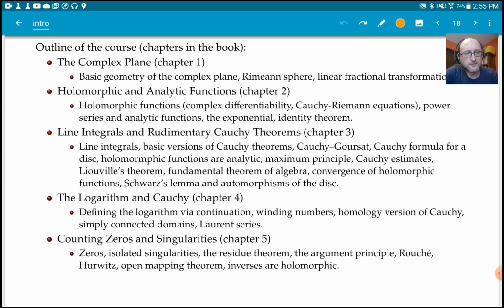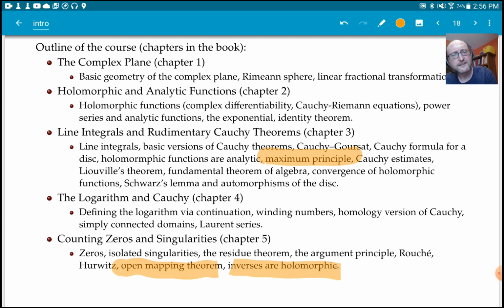We get to the argument principle and Rouché. Those are really about counting these zeros. You do Hurwitz, that's really what happens to zeros when you're taking limits of functions. Then the open mapping theorem, which is a more complicated version of the maximum principle in some sense, saying that holomorphic functions are open mappings.